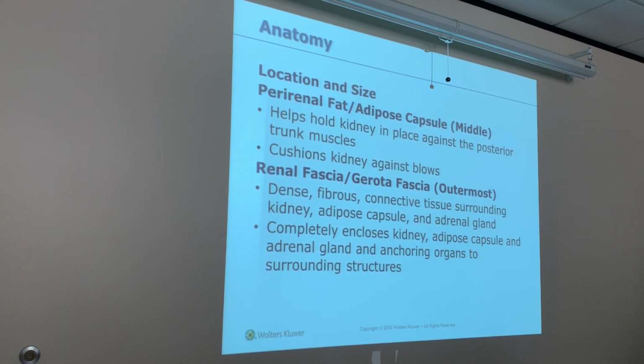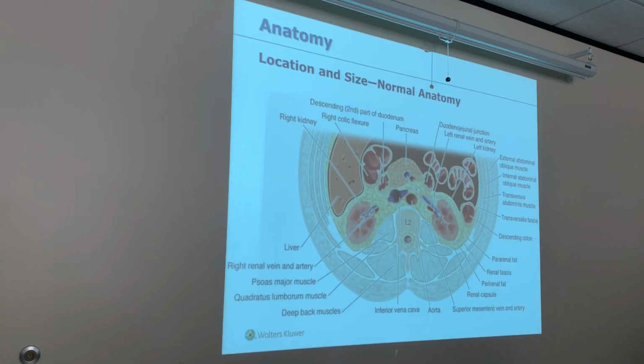The perirenal fat or the adipose tissue is what helps our kidneys stay in their place, and they also help cushion the kidneys during any type of trauma. Gerota's fascia surrounds everything, including the adrenal glands, and it helps again for anchoring the organs and offering that support. Here is a cross section.